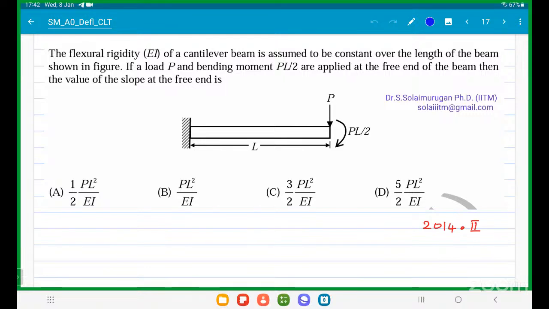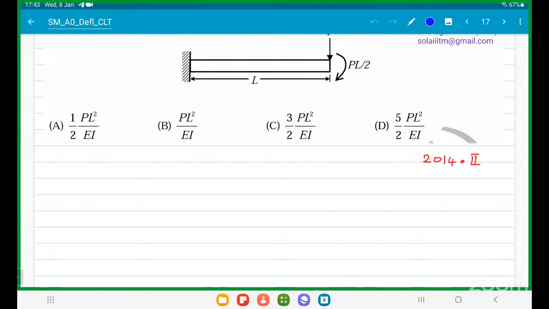Sir, what is the direction of deflection due to point load P? Down. Direction of deflection due to couple PL by 2? Down. So both deflections should be added. Right? It's a very simple case. So y is equal to y1 plus y2.